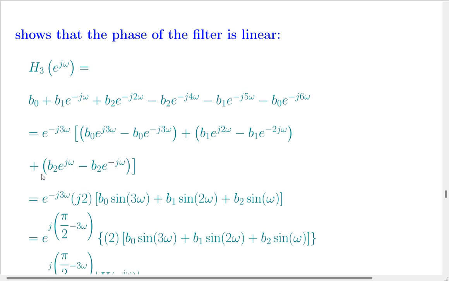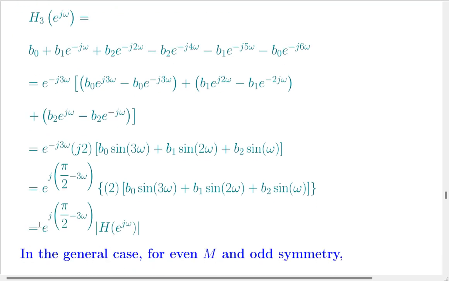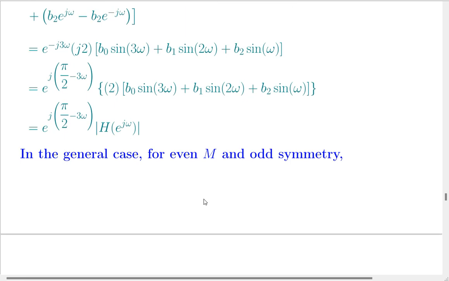H3 will lead to such a relation: e to the power of j times (pi over 2 minus 3 omega) multiplied by an amplitude showing exact details here. We don't have time to read out everything.